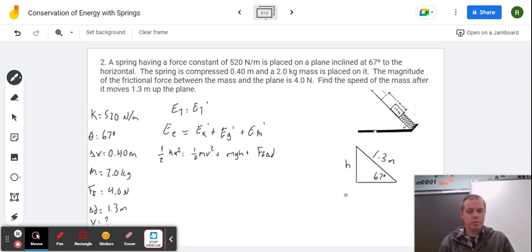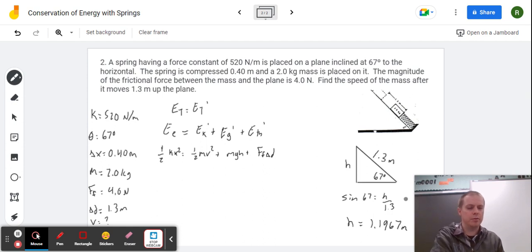This is just going to be sine of 67 equals opposite over the hypotenuse. I run that through my calculator and I find the height. Now I have everything I need to solve this problem.